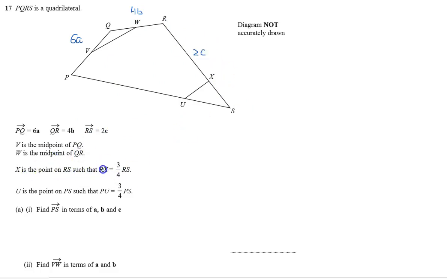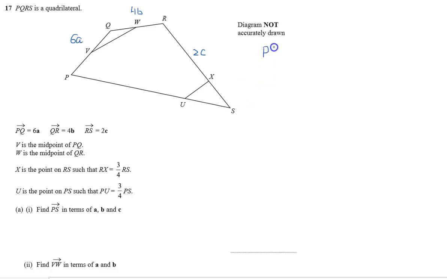X is the point on RS such that RX is 3/4 of RS. U is the point on PS such that this is 3/4 of PS. Find PS in terms of A, B and C. We have to find PS.